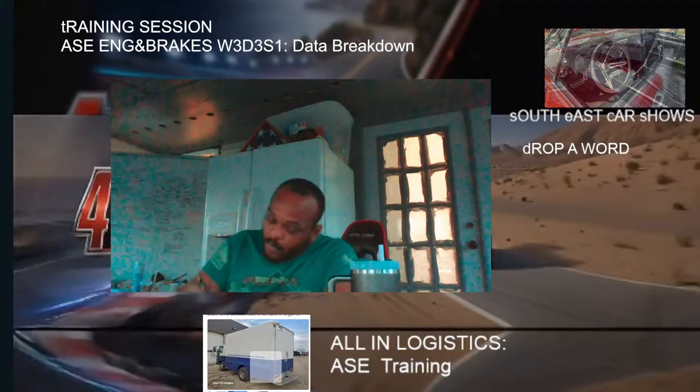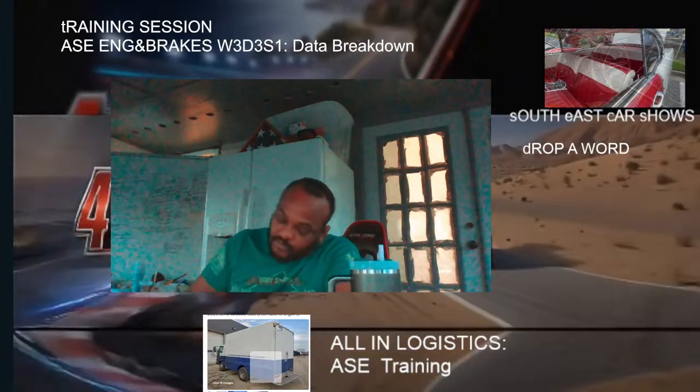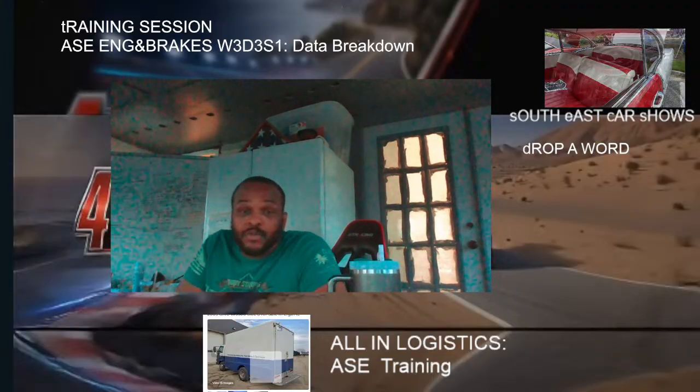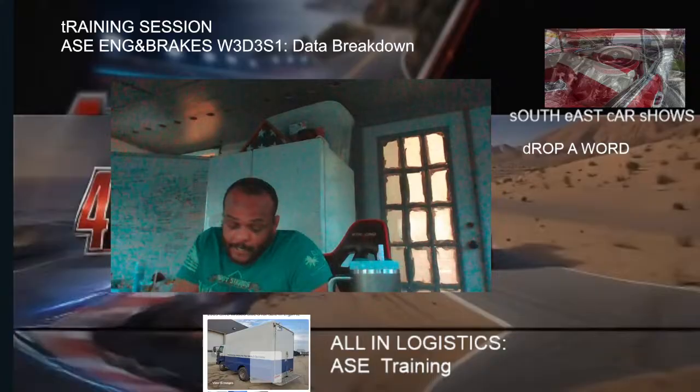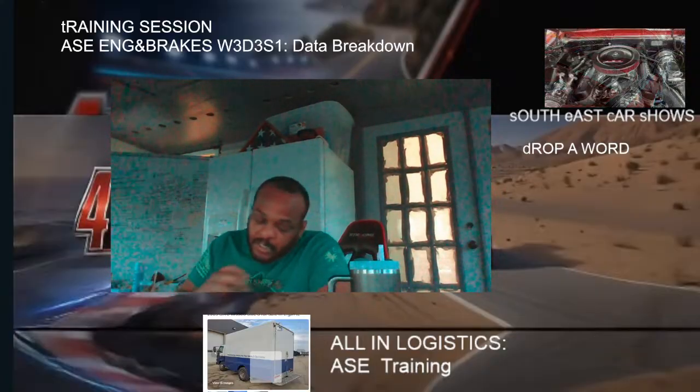In fact, I'm going to merge the hydraulic system and disc brakes. We're going to merge those with each other. All right, and that's going to be one session needed there.